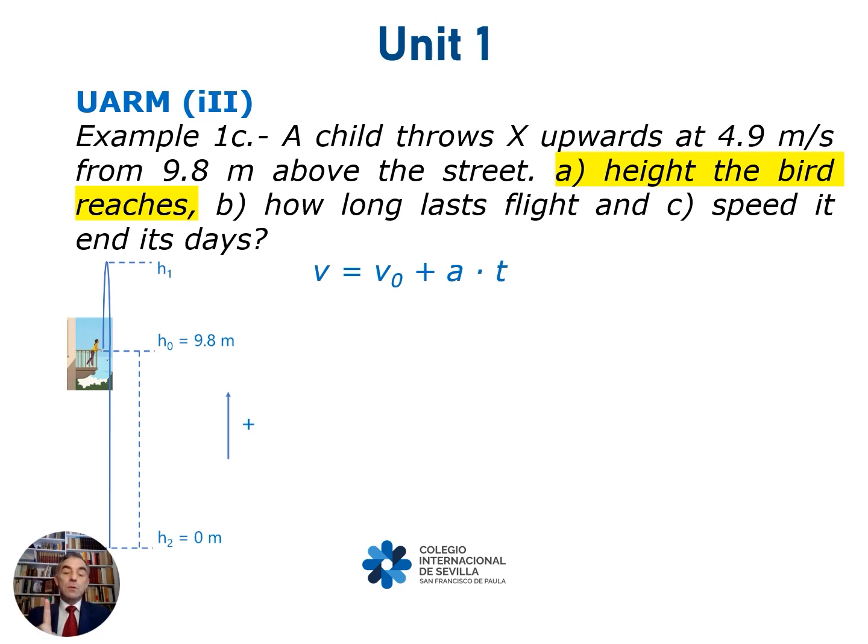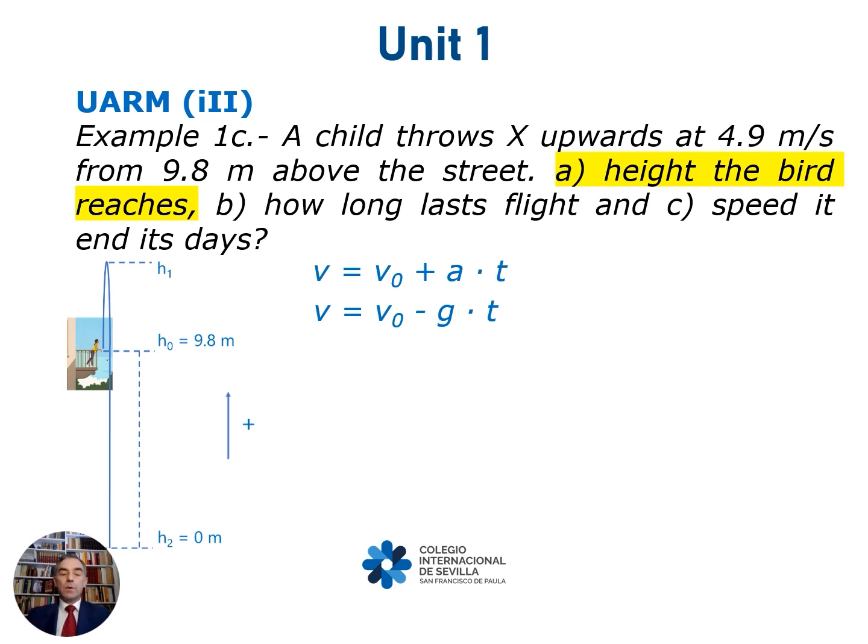But we have chosen positive upwards. Therefore, it is a negative acceleration. We're going to put that minus sign outside the g, so that g is just the value 9.8. So we rewrite our expression as follows. v equals v0 minus the gravity times the time.